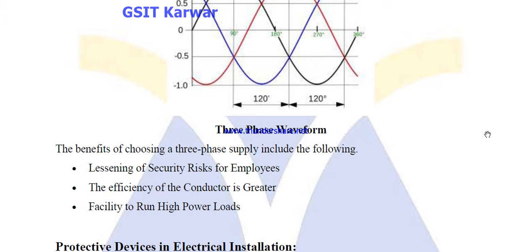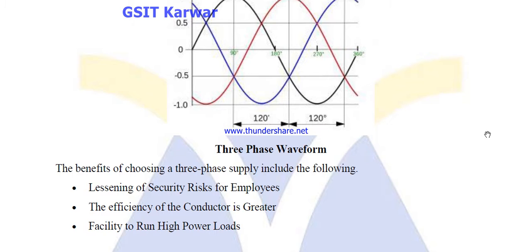The benefits of choosing a three-phase supply include the following. Lessening of security risks for employees. The efficiency of the conductor is greater.